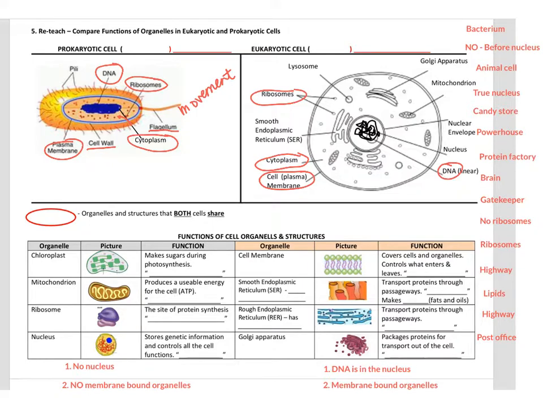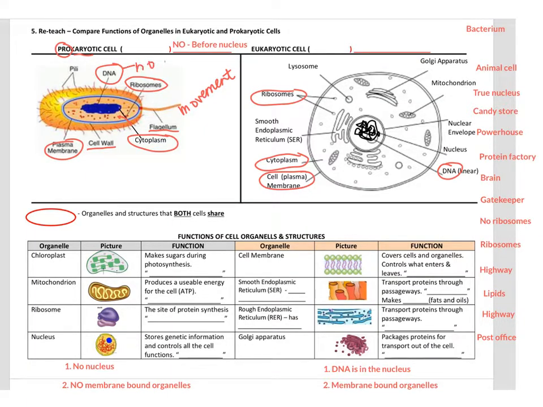Now, let's talk about how different these two types of cells are. To understand how different they are, we need to look at the terms prokaryotic and eukaryotic and see what they mean. The prefix pro means before, karyo means nucleus, so it literally means before nucleus. Prokaryotic cells have DNA, but this DNA is not in the nucleus.